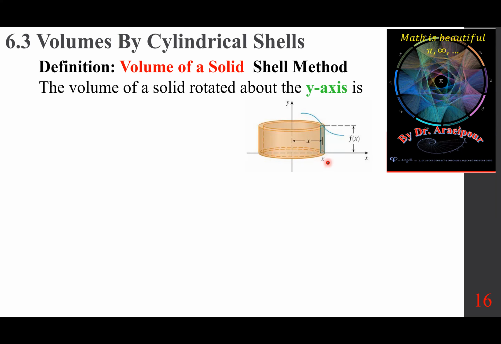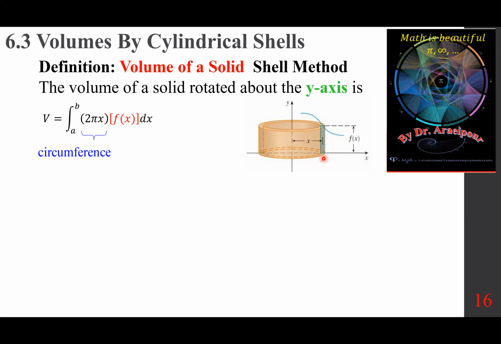So you think about a cylindrical shape, the circumference times the height, if you will, that gives us the lateral surface. And if you multiply it by its thickness, it gives you the volume of this shell. So we have 2 pi x f of x dx. What is each part? 2 pi x is the circumference.